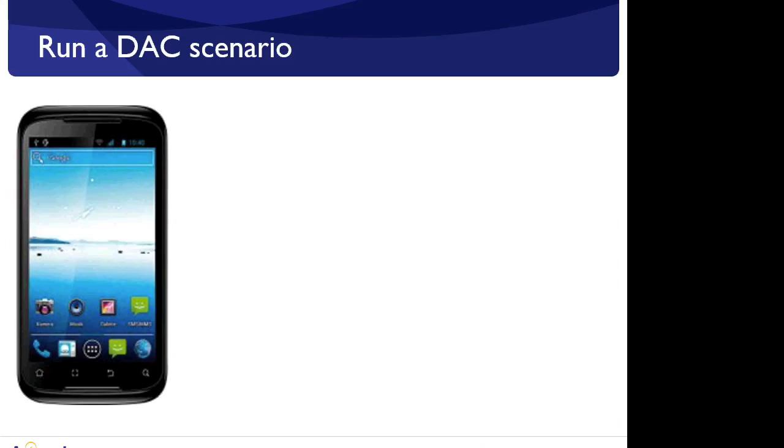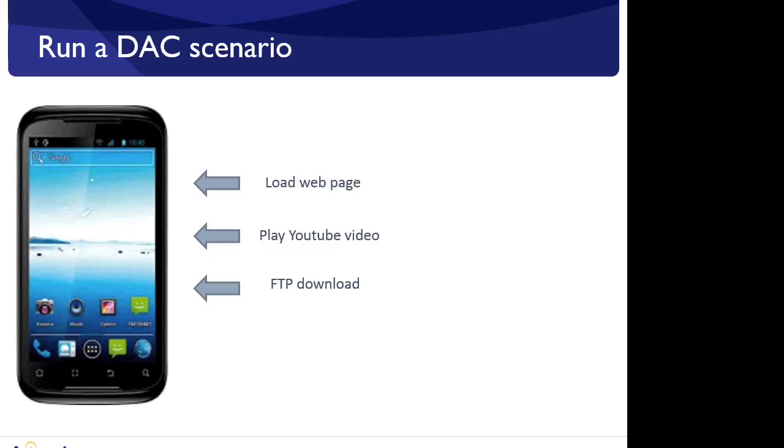So if you are on Test Builder, you can create a DAC scenario and connect one UE and start your test. So let's take a simple example. You load a web page 3 times, you play a YouTube video 3 times, and you do an FTP transfer 3 times. But this can also be done with 2 devices connected to your PC via USB cable.